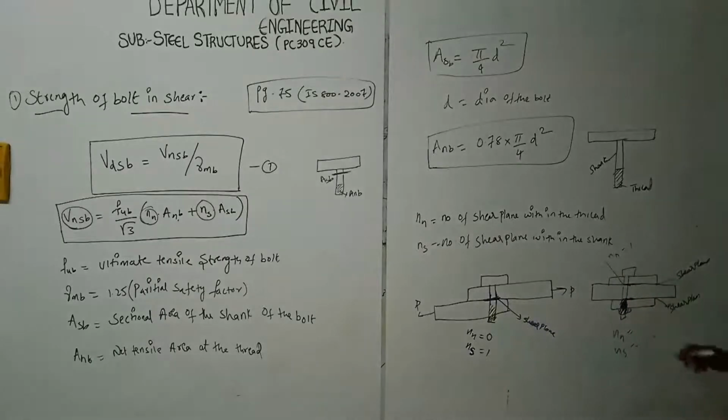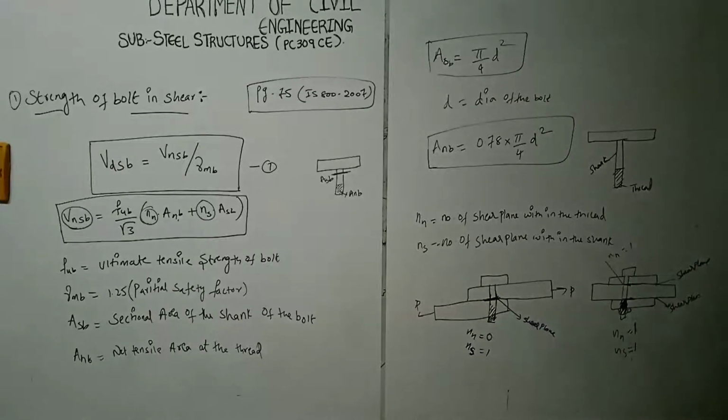So right here at the shank portion you have one shear plane, and at the threaded portion you have one shear plane. So like this we have to take: this is the shear plane, and this empty part is known as the shank portion.